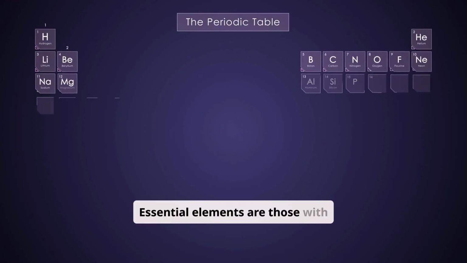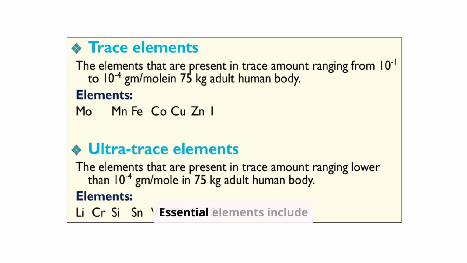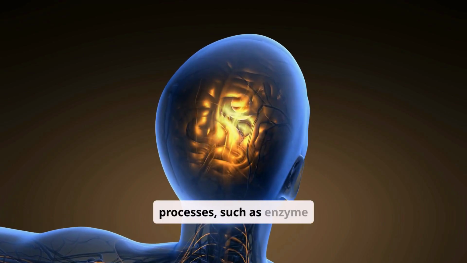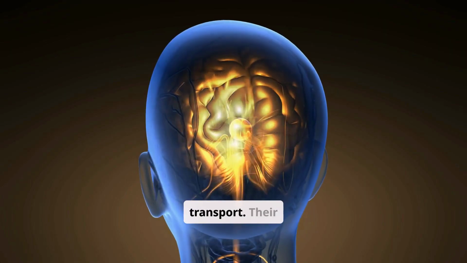Essential elements are those with specific roles in sustaining life. Essential elements include sodium, potassium, magnesium, calcium, and several trace metals. These elements play crucial roles in various biological processes, such as enzyme function, nerve transmission, and oxygen transport.